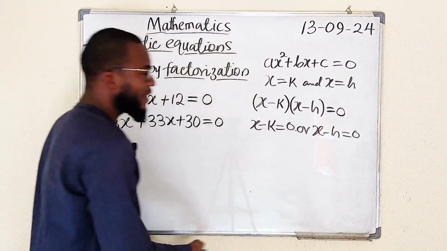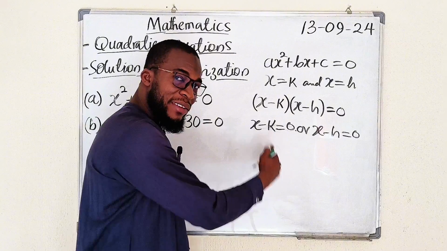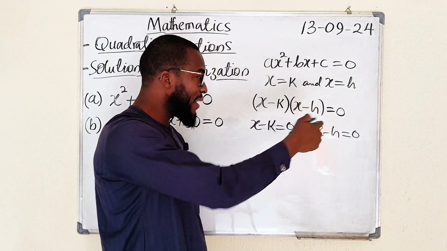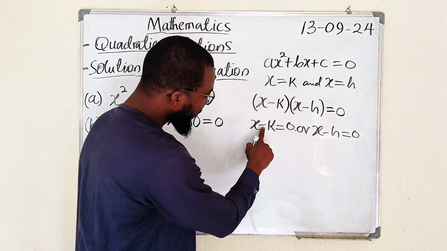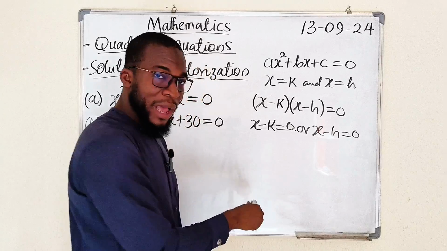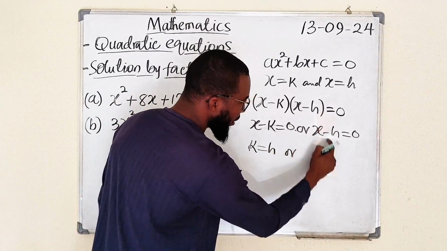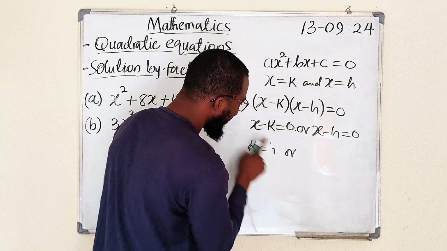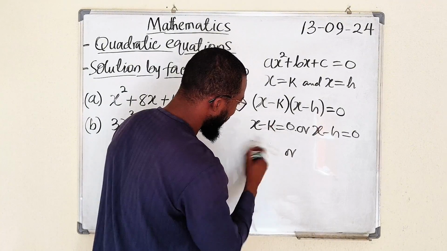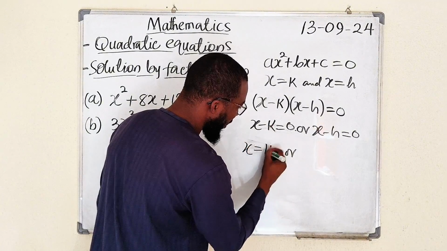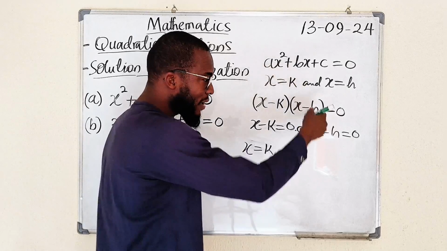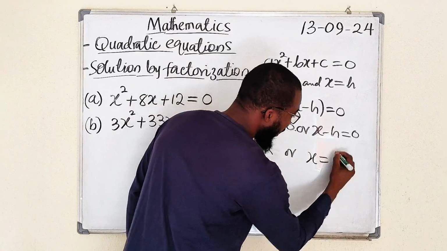So if that is the case, remember that whenever a term crosses over the equality sign, it changes sign. So this is negative. Once it crosses over, it becomes positive. So we have x equal to k, as negative k crosses over, and we have x equal to h here.